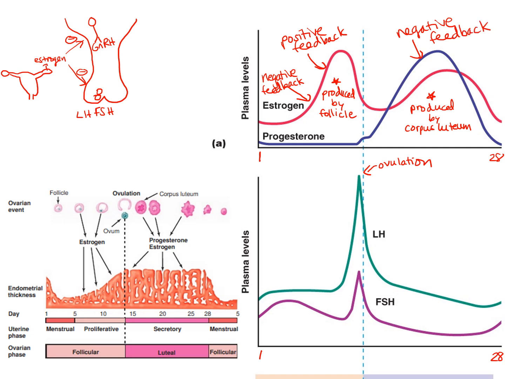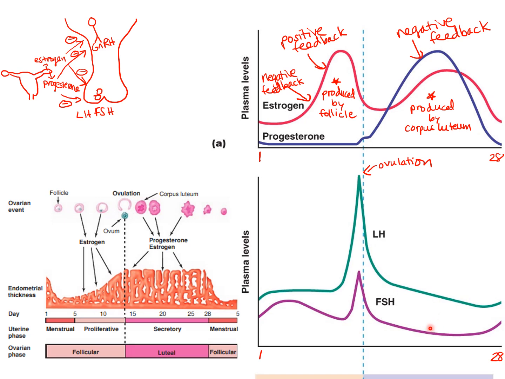So this progesterone is being produced by the corpus luteum that's in the ovary, and it's going to have a negative feedback effect on the hypothalamus and also on the anterior pituitary. So that's going to keep the LH and FSH levels low.